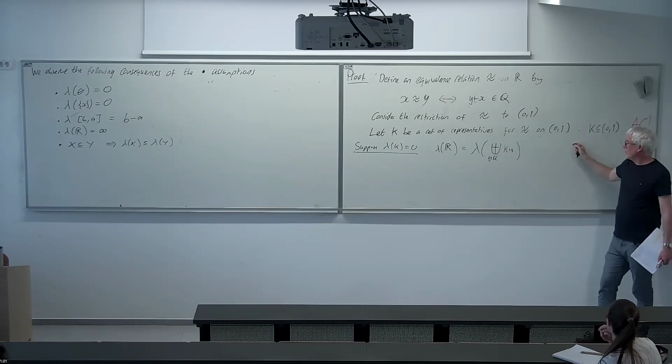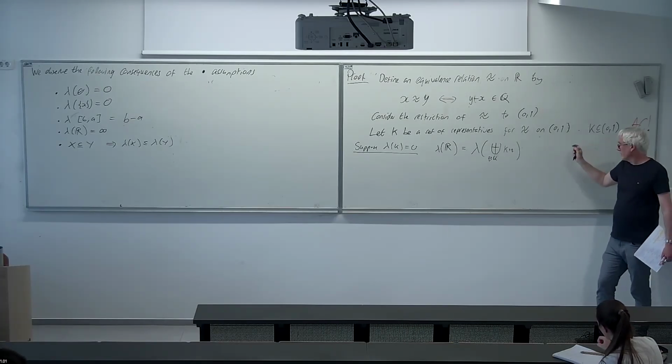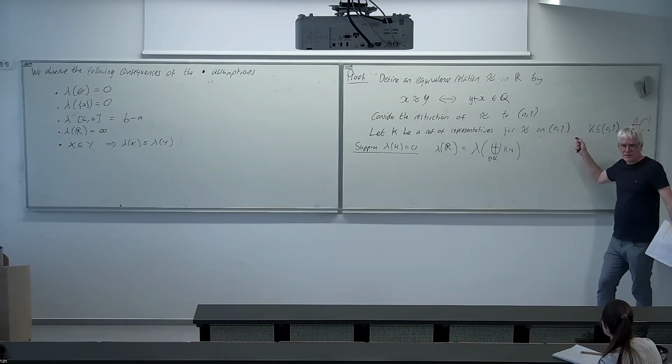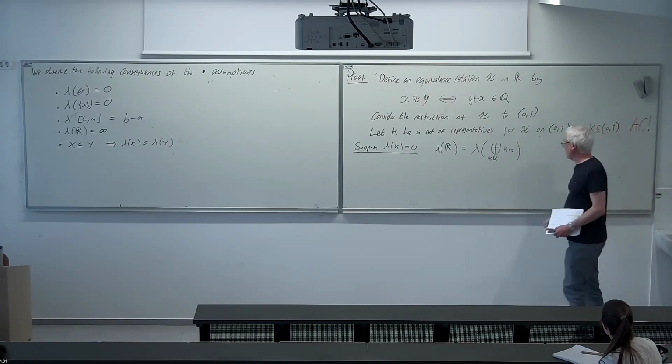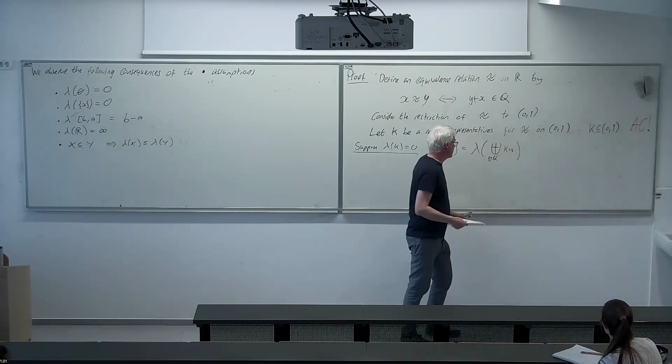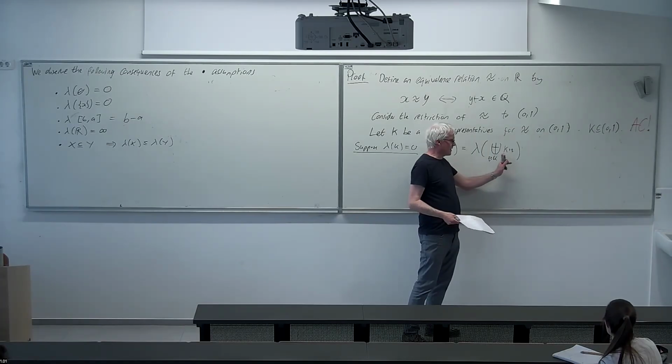Then you can take the representative of that equivalence class. You take that number that differs from the real number by a rational, you take the representative of its equivalence class, and that of course also differs from the original number by a rational. So for every real number, there's an element in the set K that differs from it by a rational.